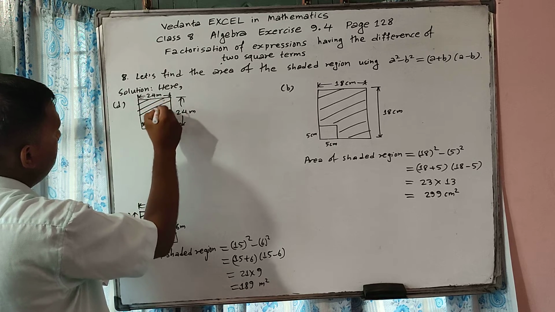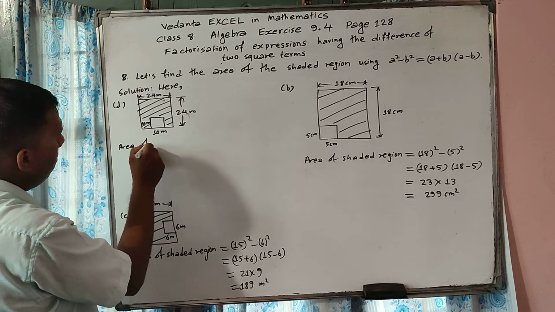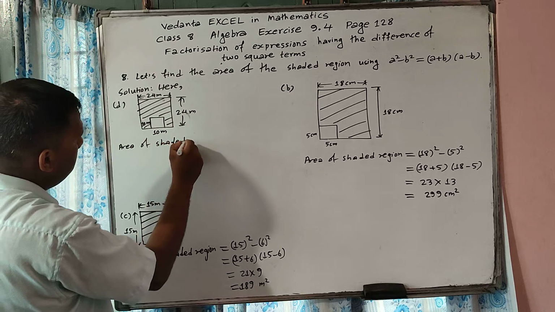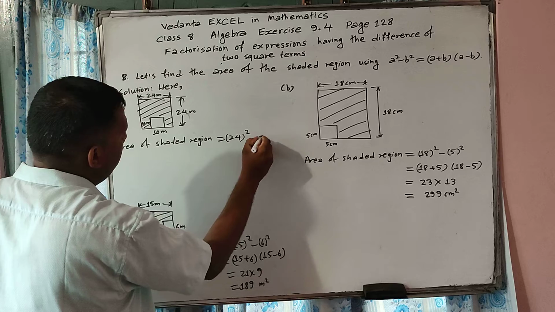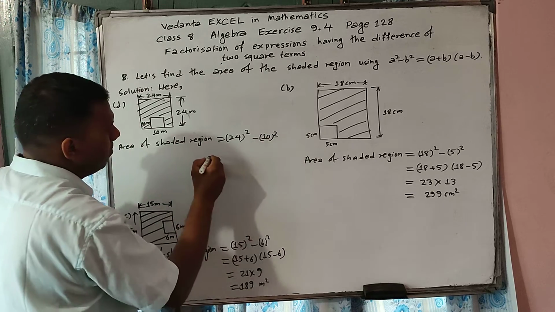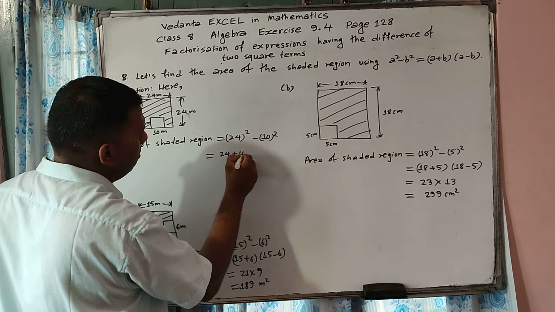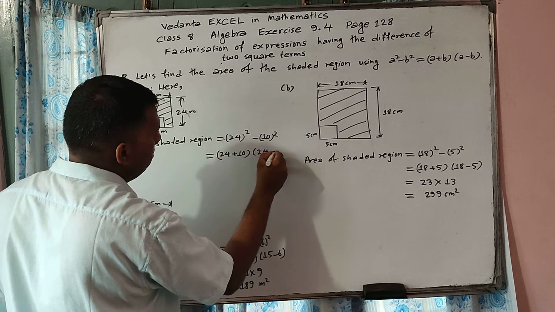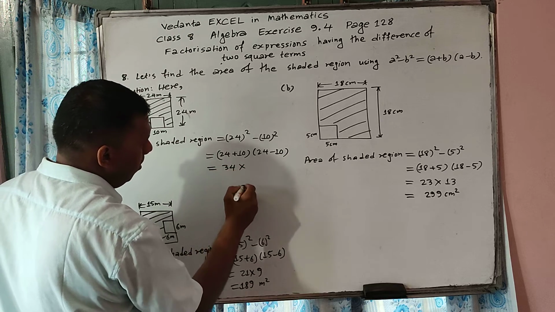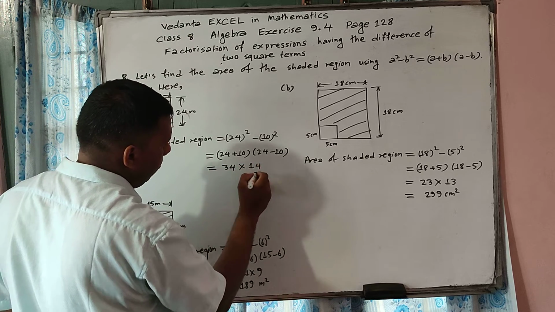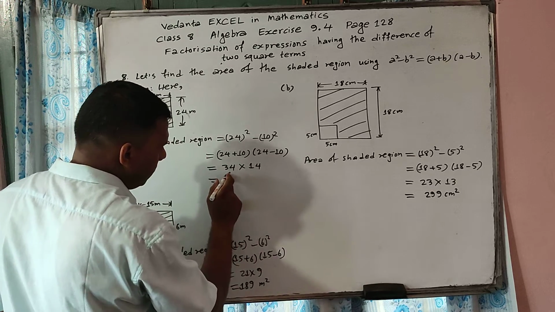This is the shaded region. Area of shaded region equal to 24 square minus 10 square equal to 24 plus 10 into 24 minus 10, which is 34 into 14.